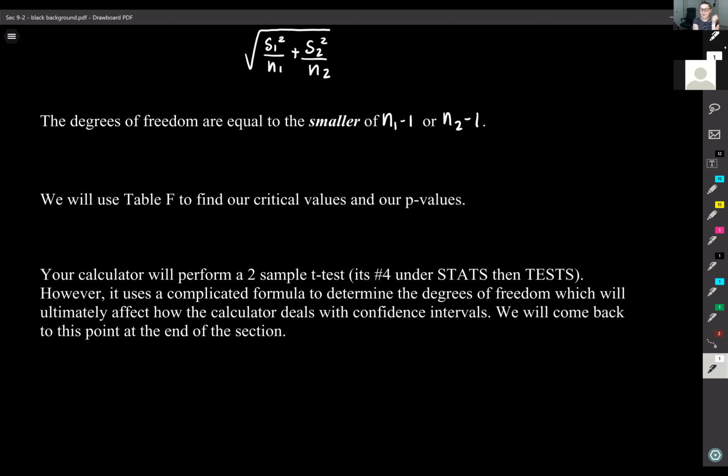Just for fun, I went to do an example in the calculator, and the degrees of freedom were supposed to be maybe 19, and my calculator said it was 29 point something, a decimal. That's going to affect how the calculator gives us answers. So I am not going to do a demo using the calculator for these problems, because it does not use the right degrees of freedom. That's why I'm not doing any calculator demos for this one, even though it's fully capable. That's my warning. Don't do it, because you're not going to get the right answer. So just don't use your calculator. We're just going to forget it for this one.